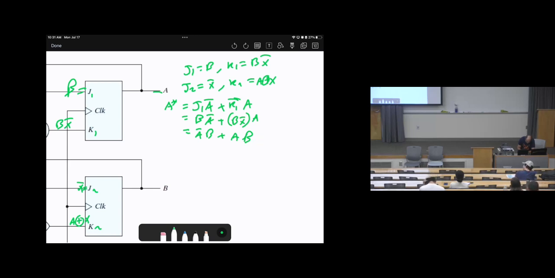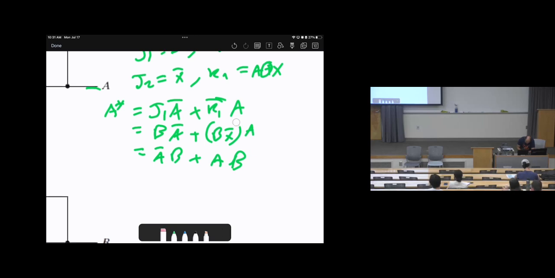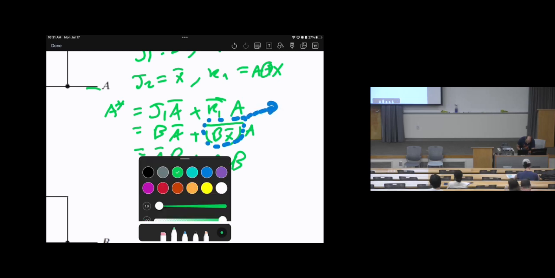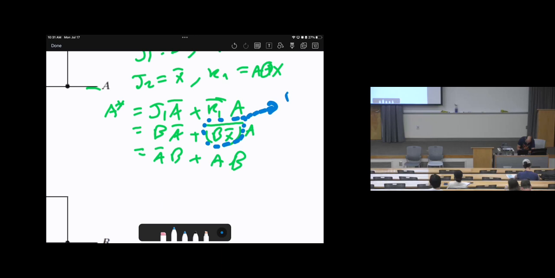I think I forgot something, which is the bar here, right? Please, you need to be careful. There's a bar because it's K1 bar. And according to De Morgan's, B X bar all bar equals B bar plus X, right?